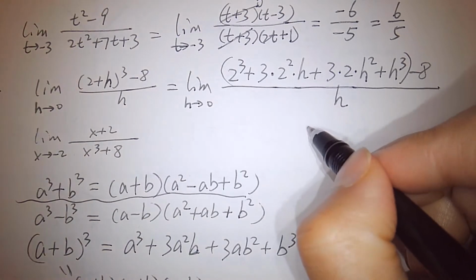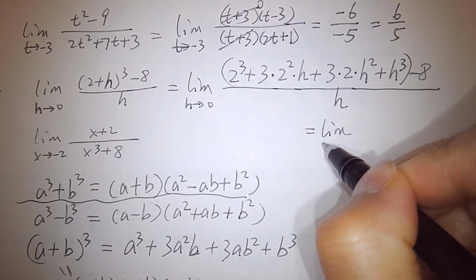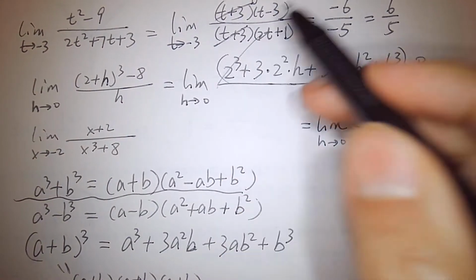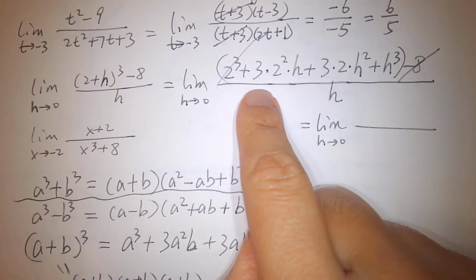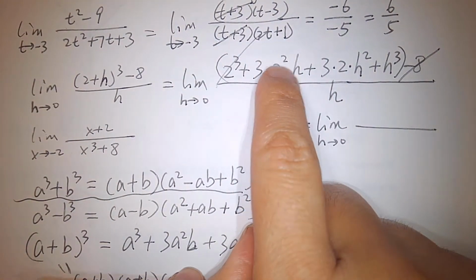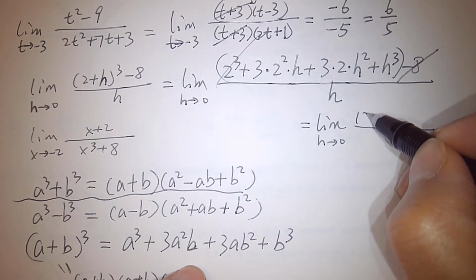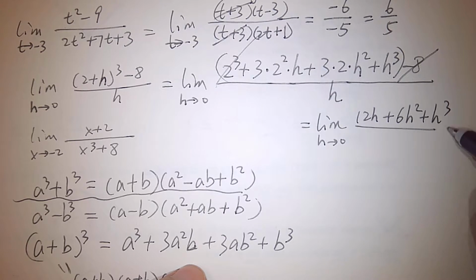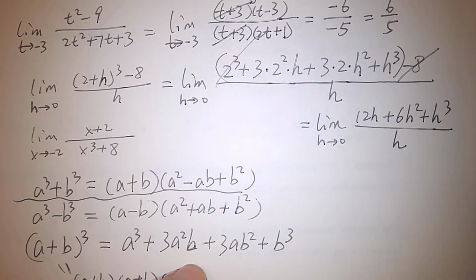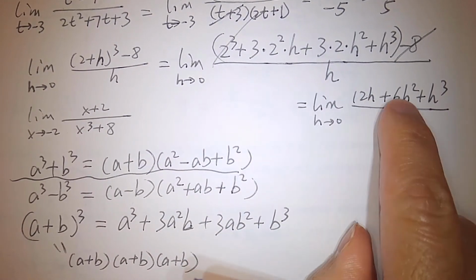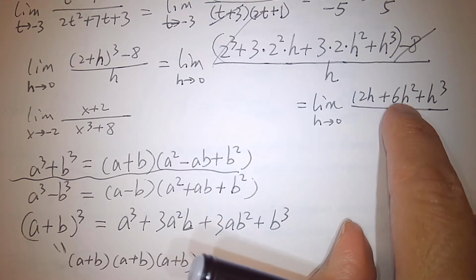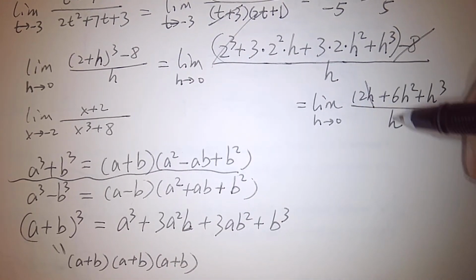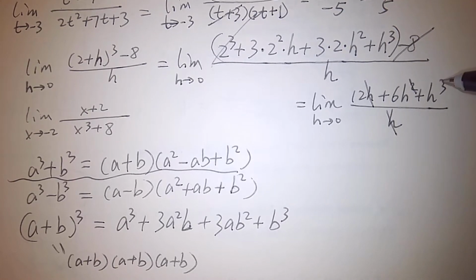Okay, I believe most of you guys had already tried this. H approaches 0. Let's see. 2 to the cube, 8 is gone. We have, what is this? 4 times 3, 12h plus 6h squared plus h to the cube, divided by h. Every term has an h. We can factor h out from the top and then divide by this h.